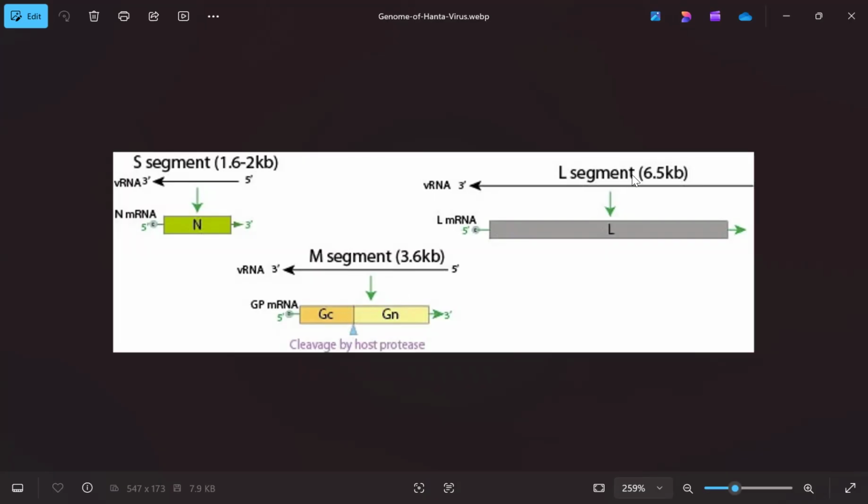And then the L segment is 6,500 bases. And again, viral RNA, and that will code for the messenger RNA that will code for the replicase and the transcriptase. Now what I want to do is go over a paper that gives you some pause for thought.